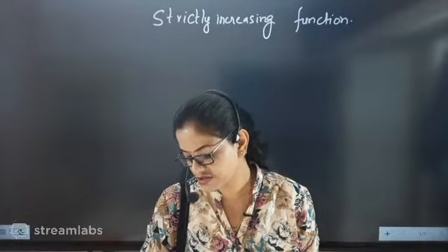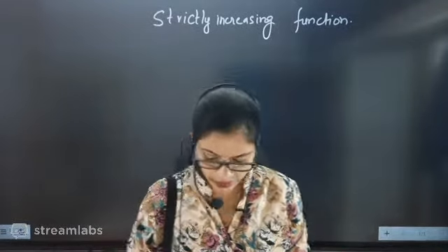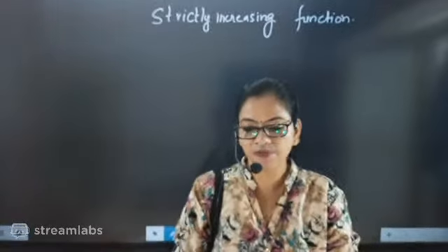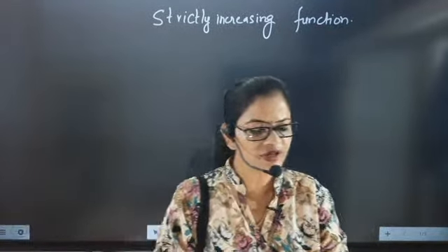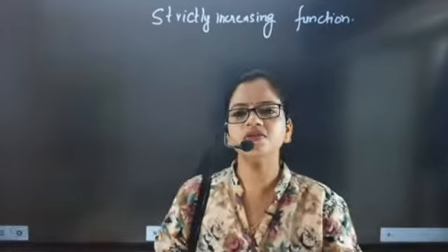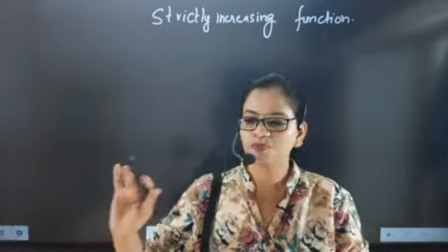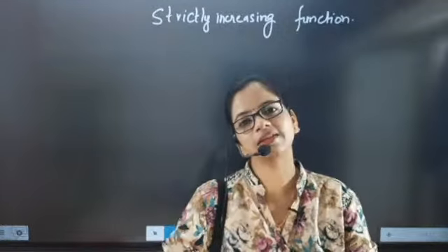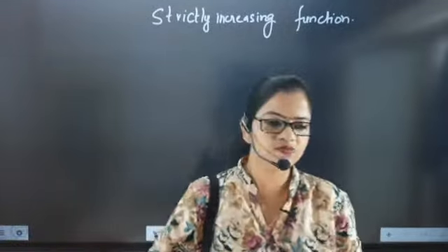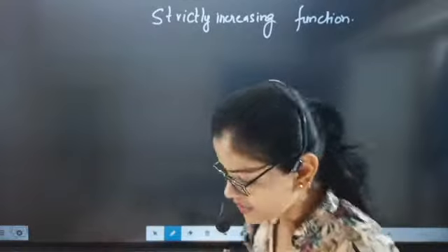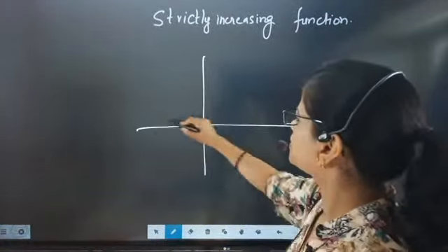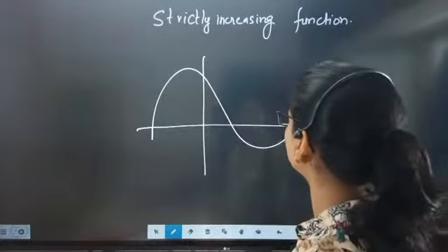Strictly increasing function. So first I am starting because this concept is very important. If somebody tells you a curve is changing its pace on the axis, what does it mean? The curve may either increase or decrease, it may go in any one of the ways.